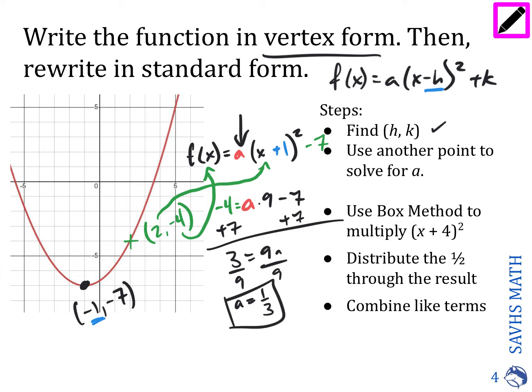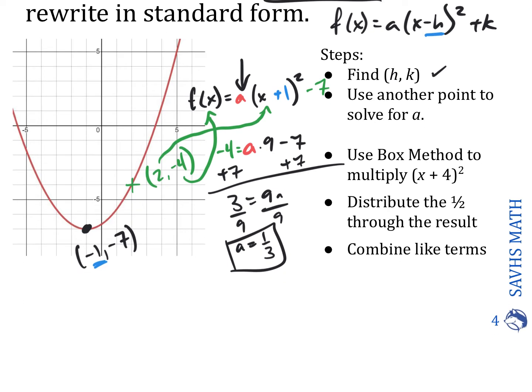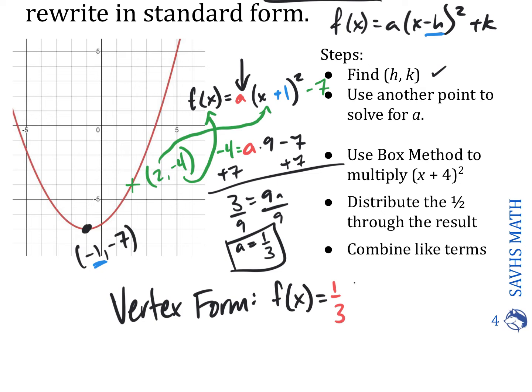So my final answer for vertex form is this: f of x equals 1/3 times (x minus h, but plus 1) squared, and then -7. Okay, and this actually makes sense too, because I can see that the graph opens up, and I can see that the graph is shorter than a normal parabola.